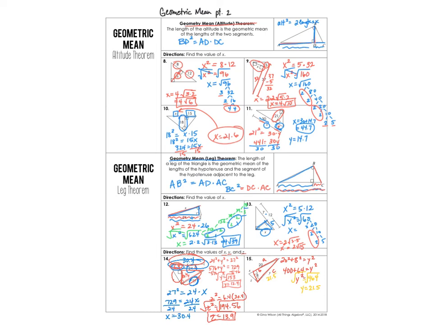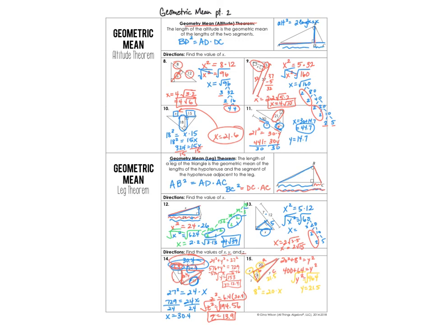Okay, so now I can use what I know to find what I don't know. Okay, so let's find z. Actually, let's find x. Alright, so if we are finding x, we can say altitude squared equals the two bases, 20 times x.